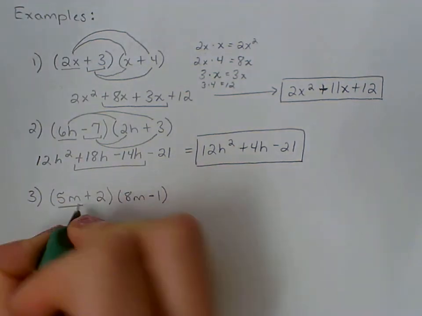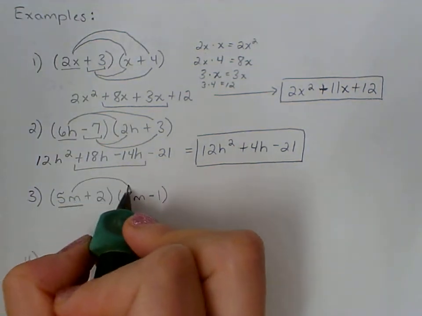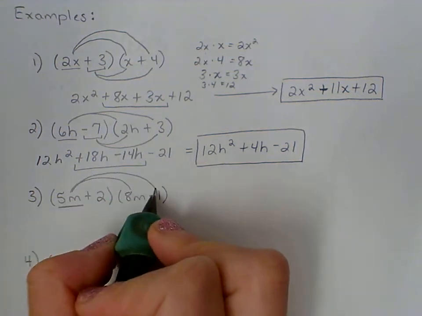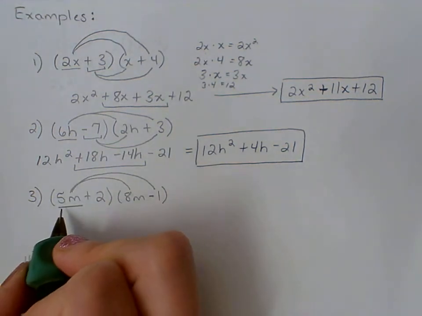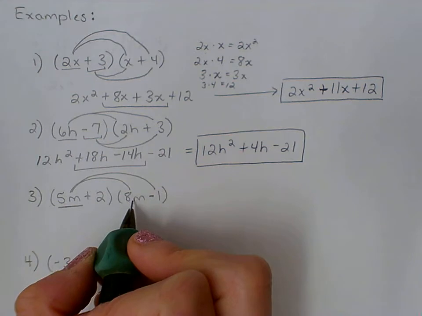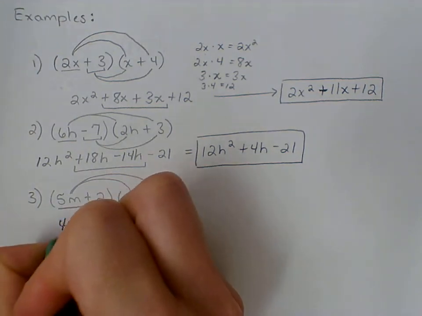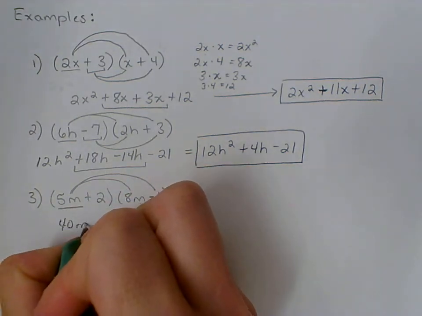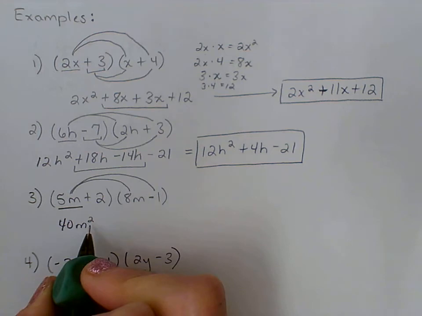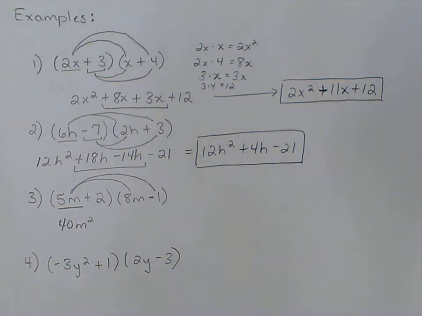So start with the 5m. So 5m times 8m, and then we're going to take the 5m times the negative 1. And so 5m times 8m, well, 5 times 8 will be 40, so we get 40, and then m times m. Remember, when you multiply like bases, you add their exponents, so that's where the m squared comes from.